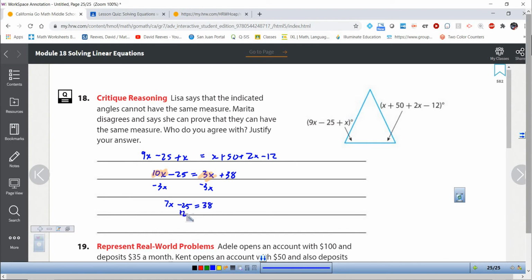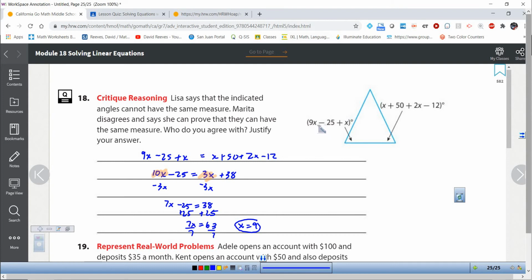If I add 25 to both sides, I get 7x is equal to 63. I love that it goes in evenly, and I get x is equal to 9. So we have a solution. Let's plug that solution in and see what happens.